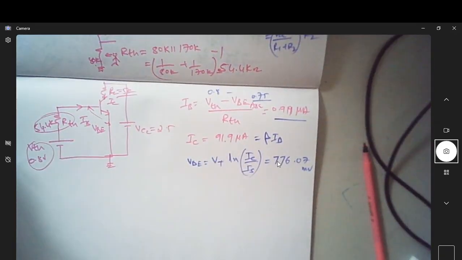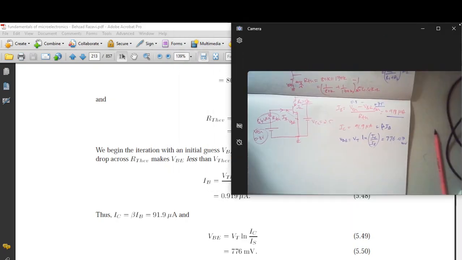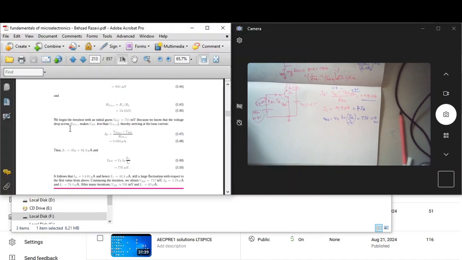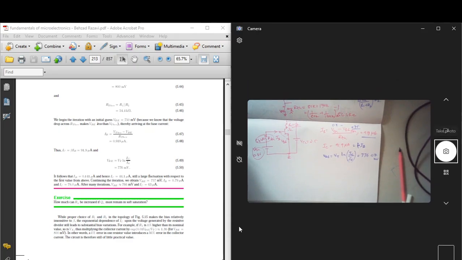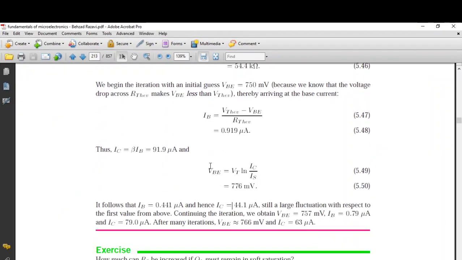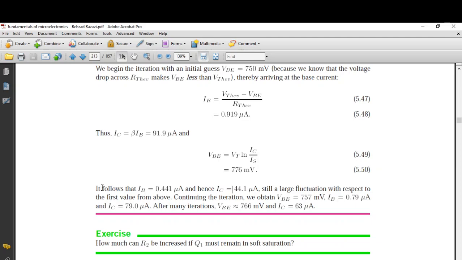Then the value of VB is coming out to be 776. That's what you have here. So this is most important. It follows, suppose you take this as the value of VBE in this expression.